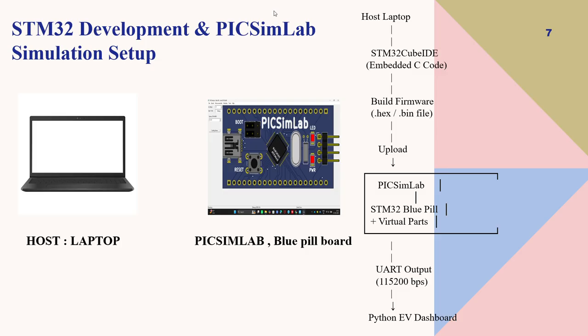and UART serial communication. Here we see the simulation setup of STM32 development in PICSimLab. The host is a laptop. From the laptop, in STM32CubeIDE, we write the code in embedded C language. Next we build the files in .hex and .bin format.